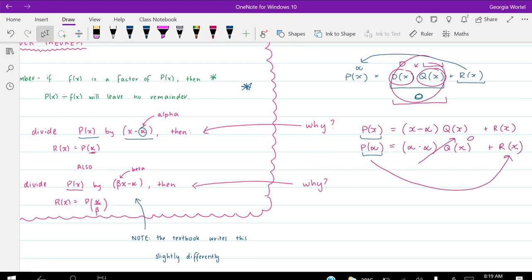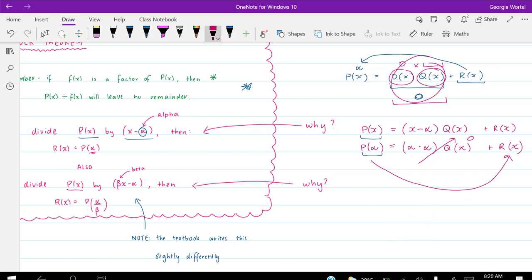It makes sense. If we subbed in alpha over beta into our x, you would end up with beta cancelling out, alpha minus alpha would go to 0, and hence the same process that we saw above.